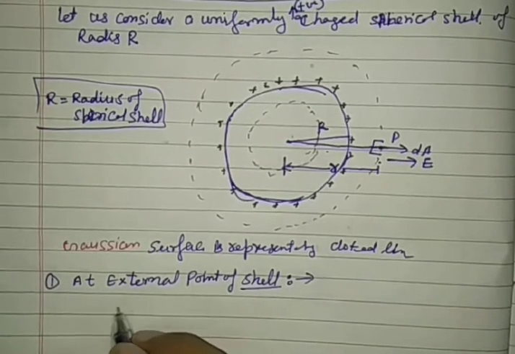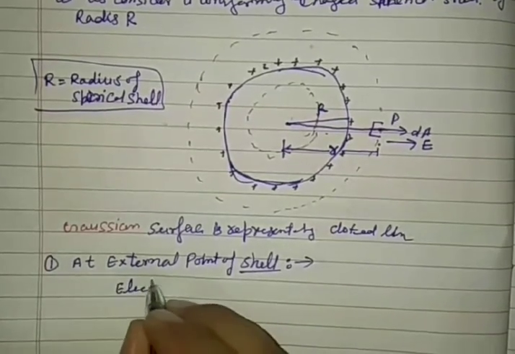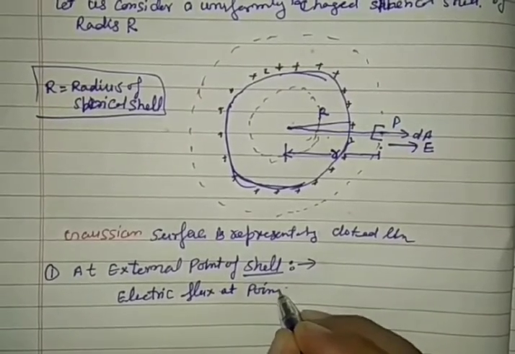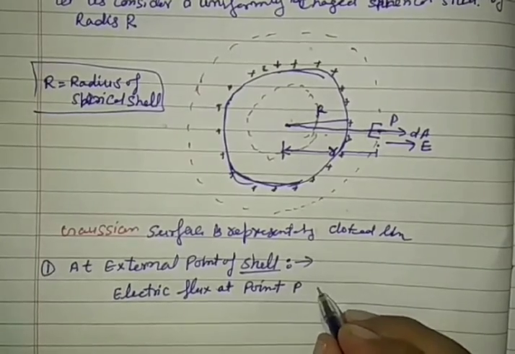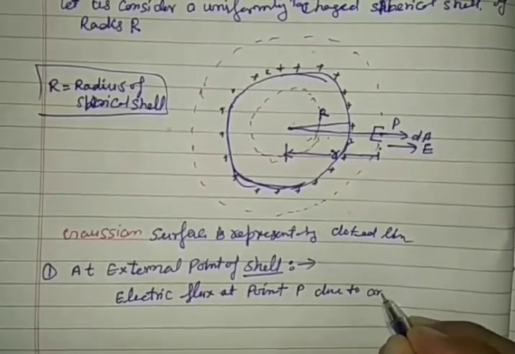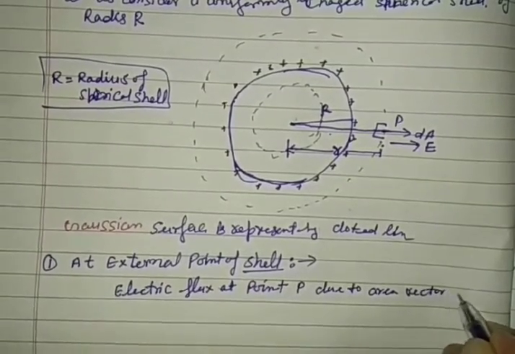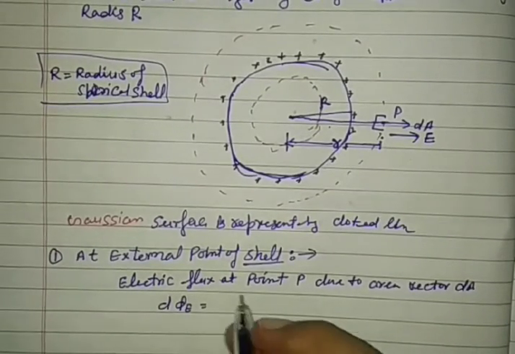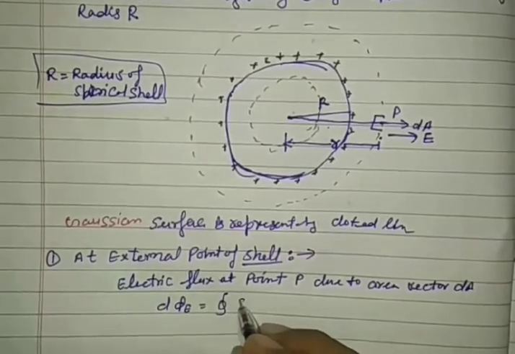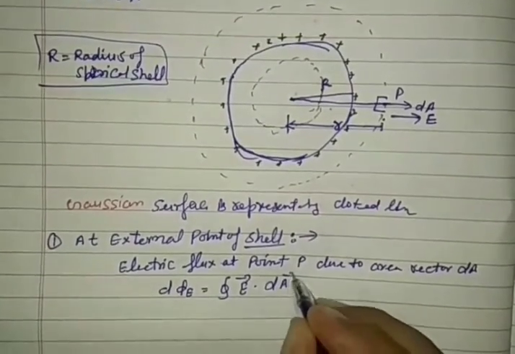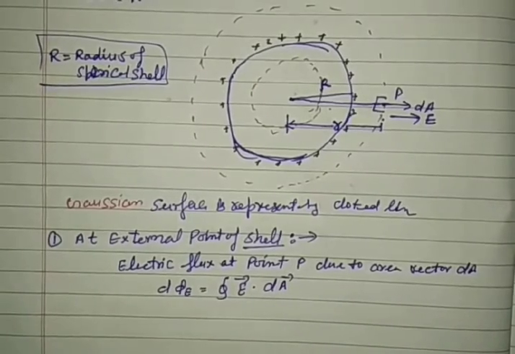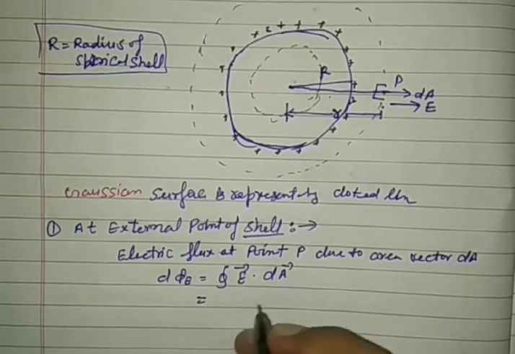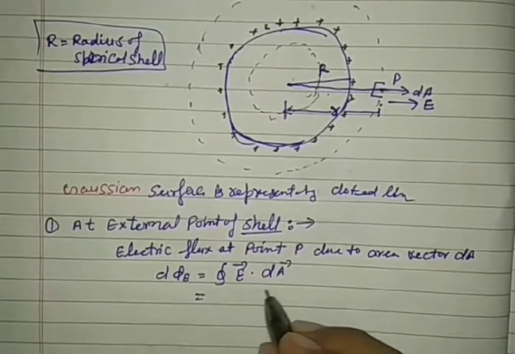First of all, the electric flux at point P due to area vector dA is given by d phi E, which by definition is the closed integral of electric field E dot dA.